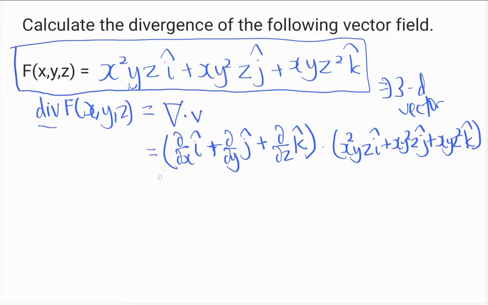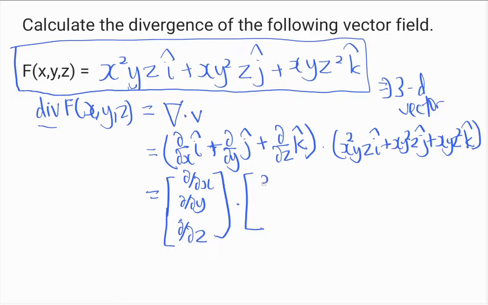From this, let's present it in a nicer way so that we can understand it. So it equals partial derivative of x, partial derivative of y, partial derivative of z, dot product x squared y z, x y squared z, x y z squared.